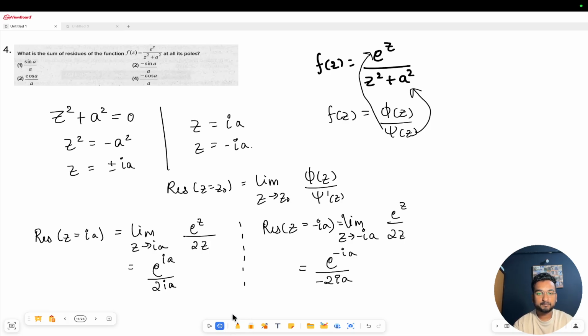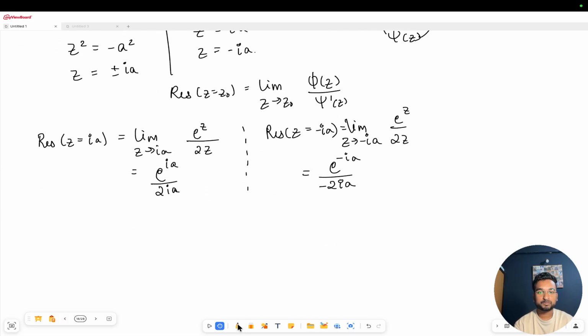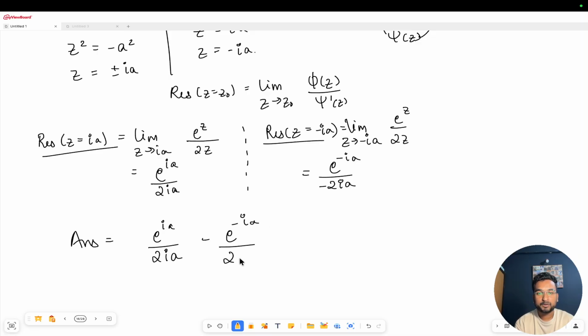The sum of residues will be the residue at z equals iota a plus the residue at z equals minus iota a. It is e to the power iota a upon 2 iota a plus, but here you have a minus, so minus e to the power minus iota a divided by 2 iota a. Now you can check the options.